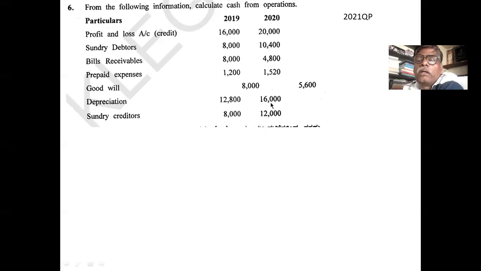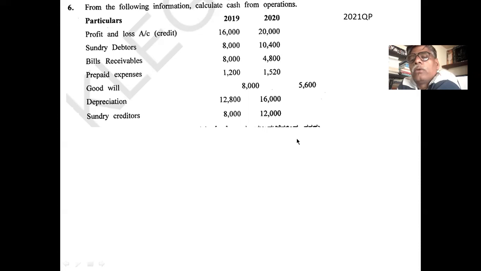Depreciation charged in the current year is a non-operating expense, you add. Sundry creditors are a current liability. Increase in current liability you have to add. I already explained this in connection with cash from operation.